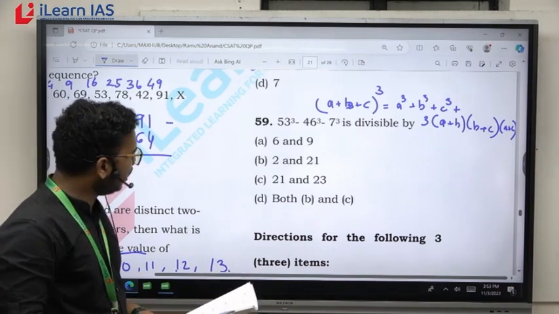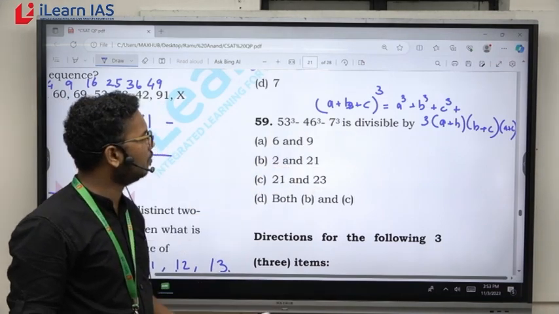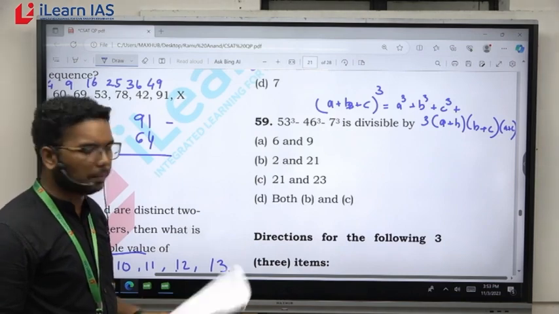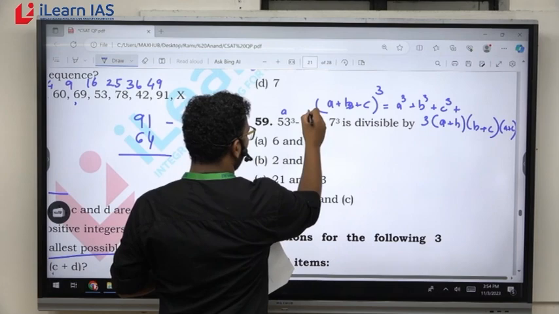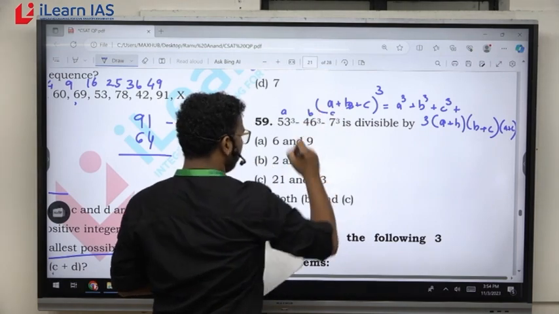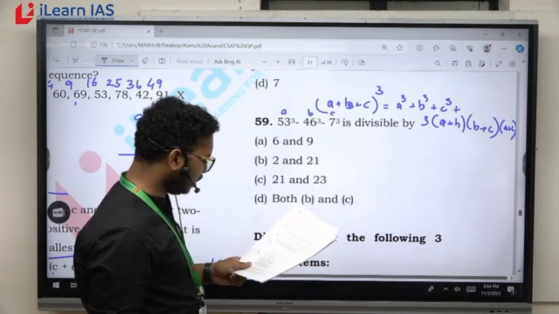We put different values. ഈ values എല്ലാം we put for a, b and c. ഞാൻ 53നെ a ആയിട്ട് എടുത്തു, -46നെ b ആയിട്ട് എടുത്തു, -7നെ c ആയിട്ട് എടുത്തു.